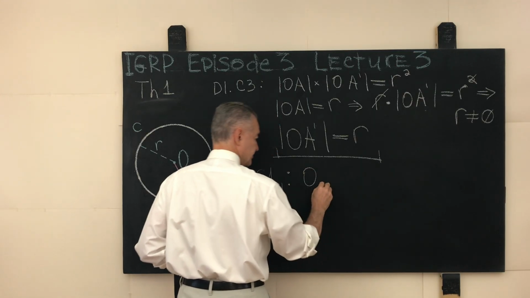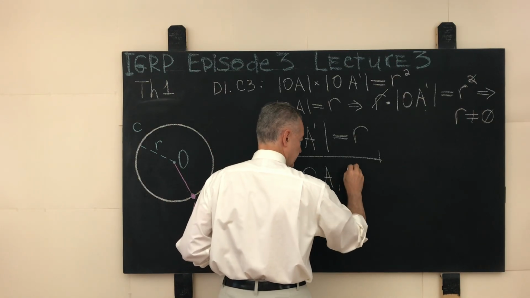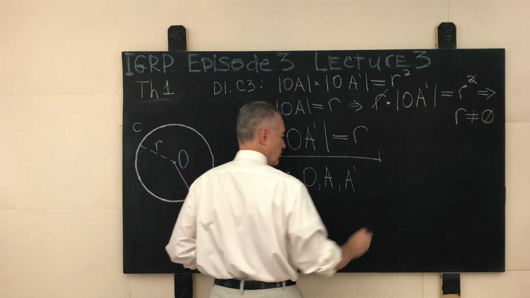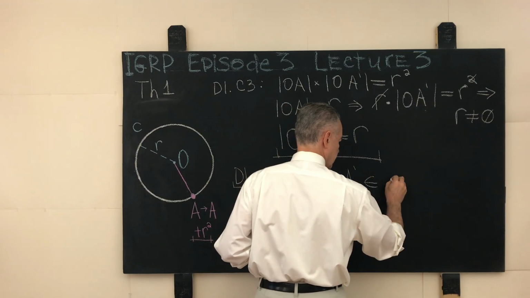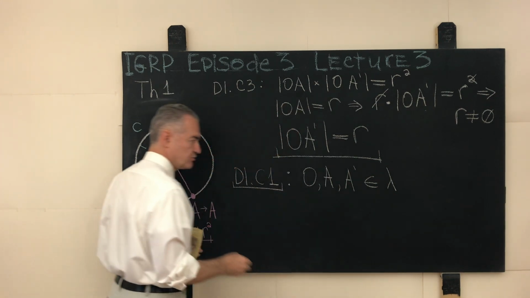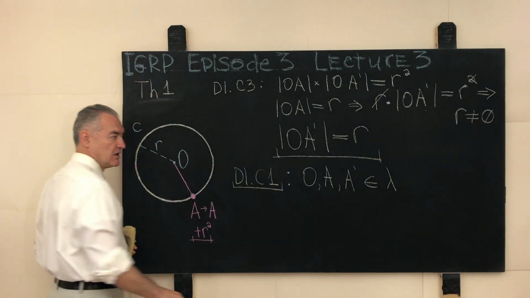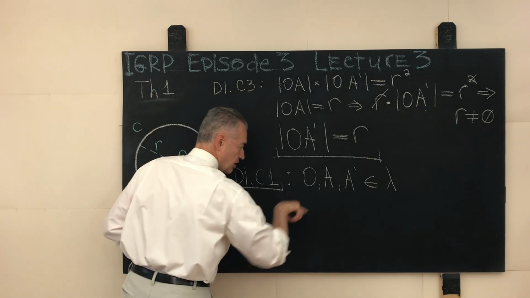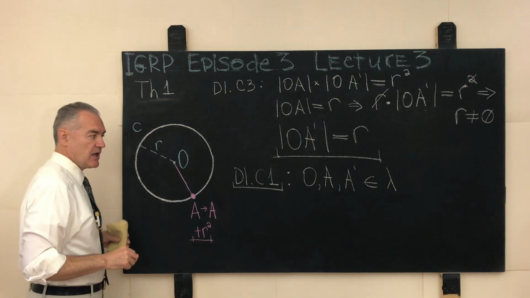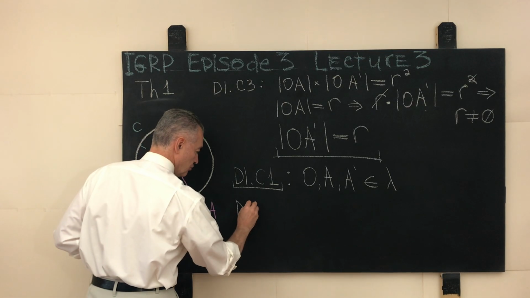The point O, the center of inversion, the pre-image point A, and the image point A prime all belong to one and the same straight line. I use the fancy name lambda just to imprint it onto our collective mind that the 3 points of interest are collinear.